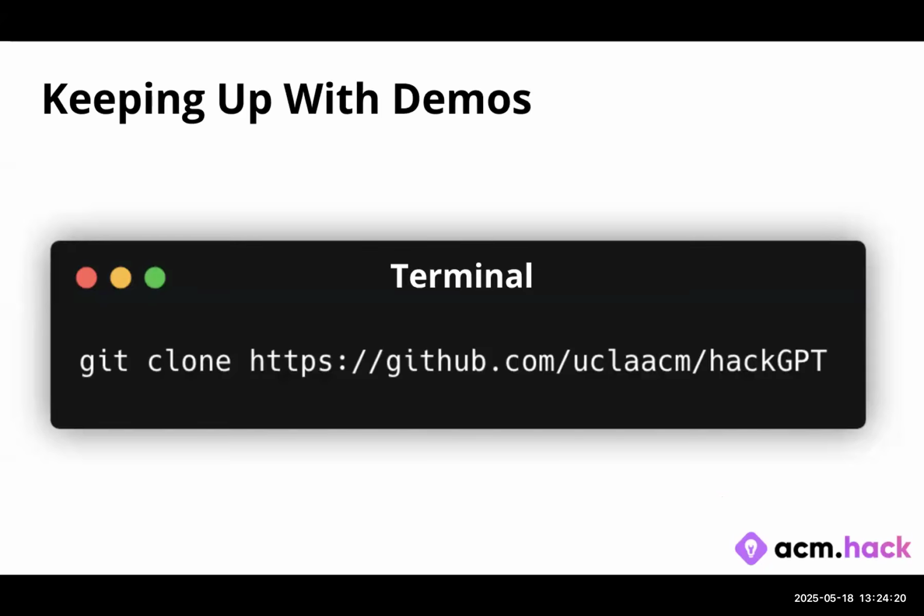That's going to copy all the code and all the folders from our GitHub into your computer. I'll let you do that for a sec. It's going to be wherever your root folder is. From there, you can find it in your folders and open it in VS Code or whatever you want.